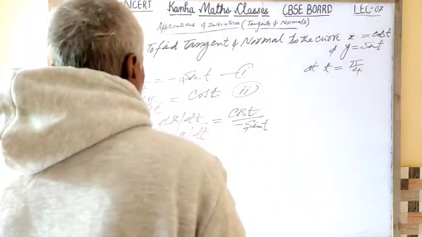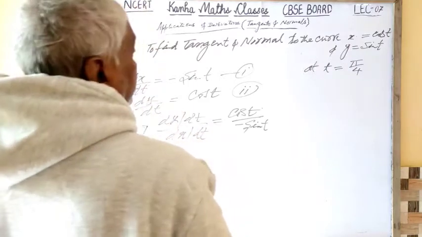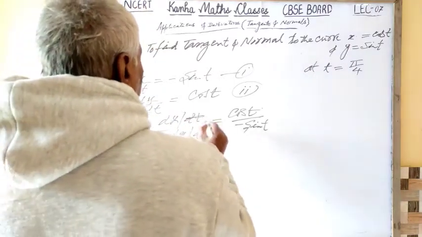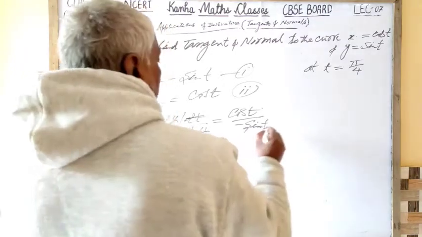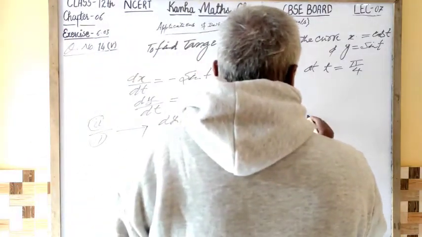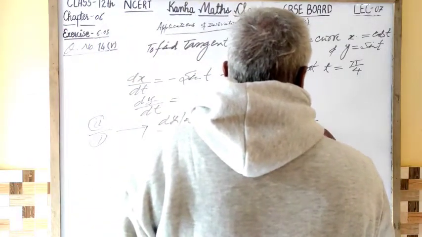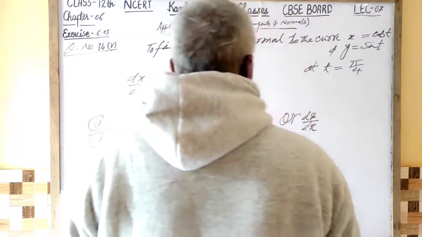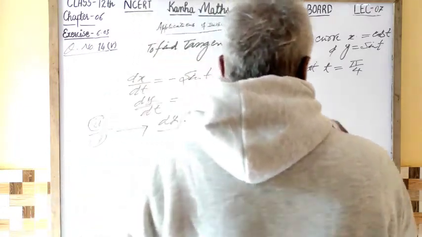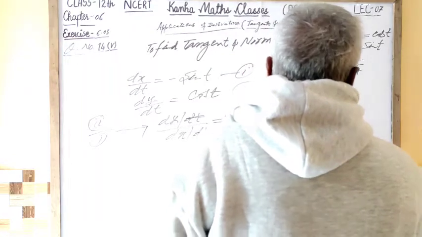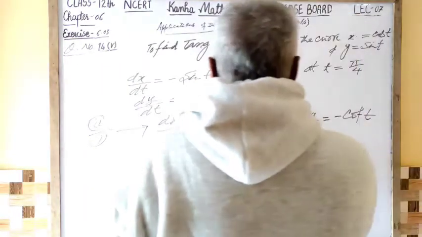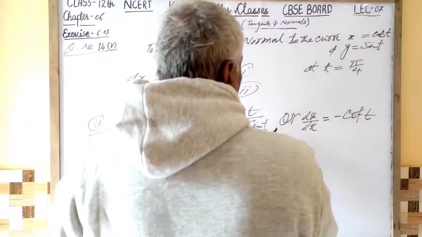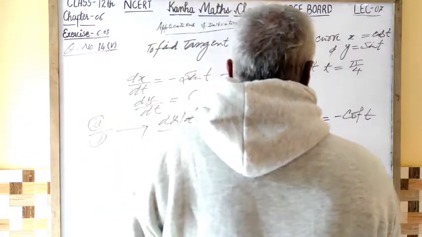Here dt will be cancelled by dt, and dy by dx will be equal to minus cot t, because cos t upon minus sin t is minus cot t.